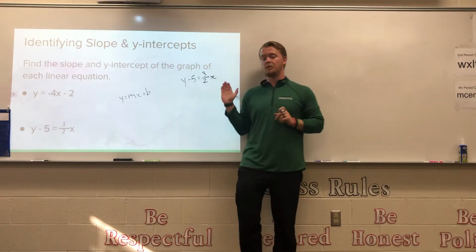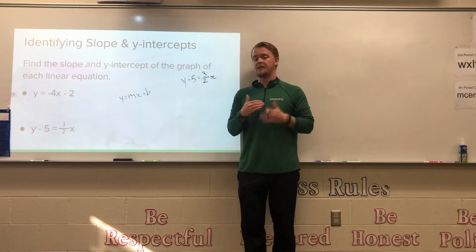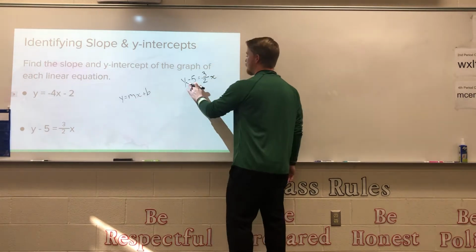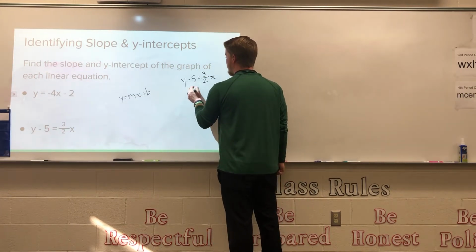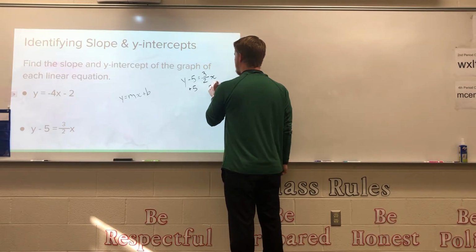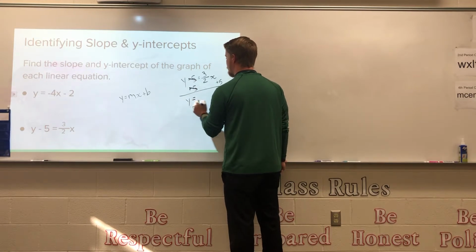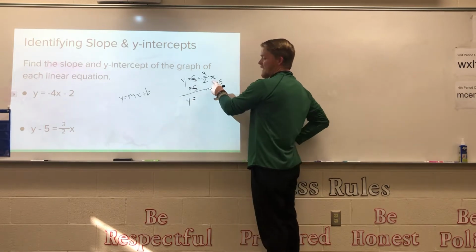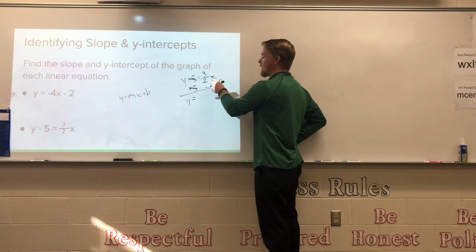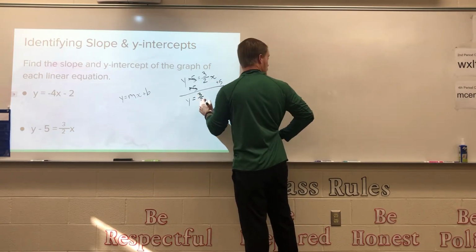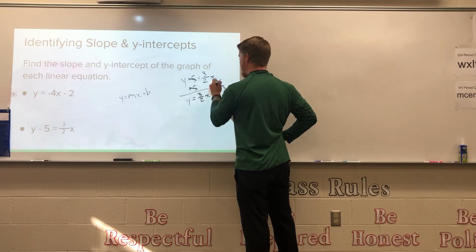If this is not in slope-intercept form yet, you need to get it there by getting y by itself. In order to do that, we have to move the -5. Going back to chapter 1, we do the opposite, which is +5. When we do that, that cancels with that. Y equals, and remember, this has an x, this does not, so those cannot combine. So you just bring it down as is: 3/2 x, then +5.